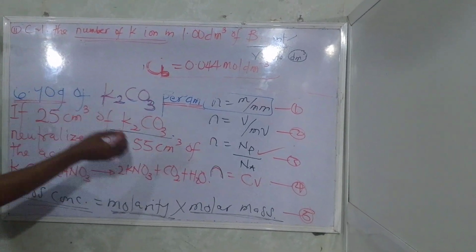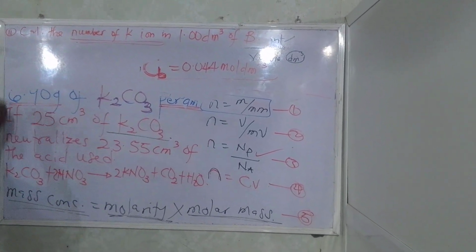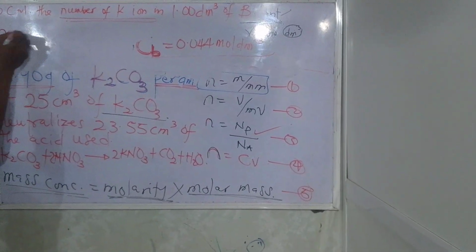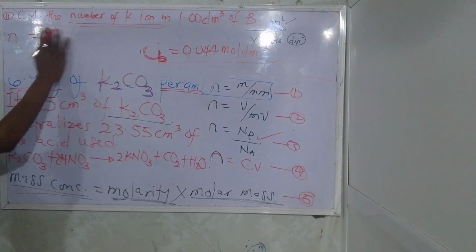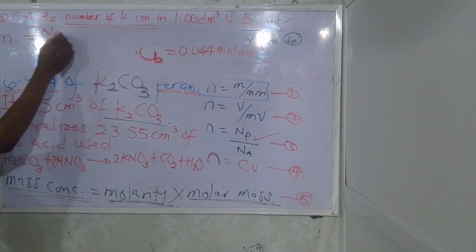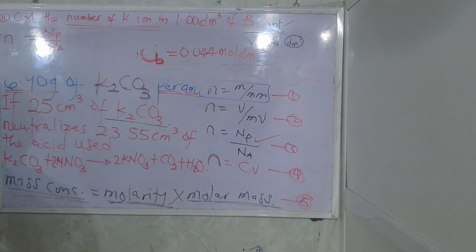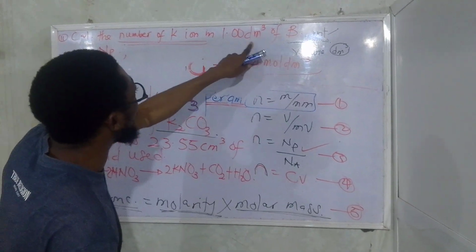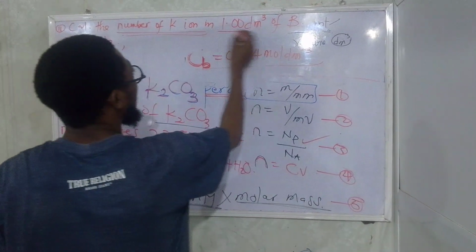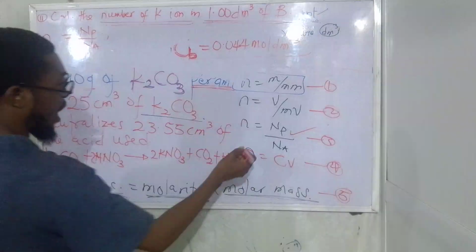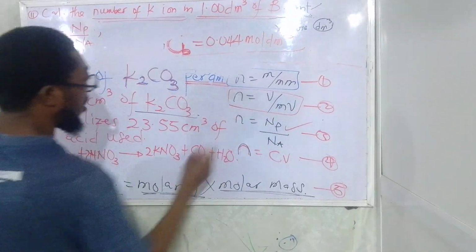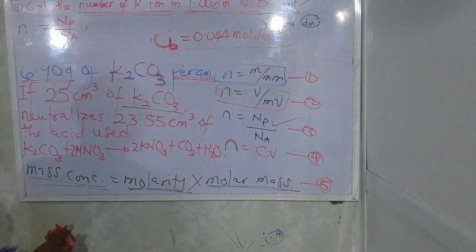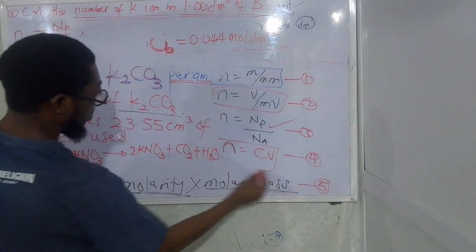So if I'm looking for the number of particles, I say that the number of mole equals number of particles over Avogadro's number. But they told me the volume that I'm going to work with, and because they have given me the volume, we have to remember that number of mole also equals concentration times volume, right?